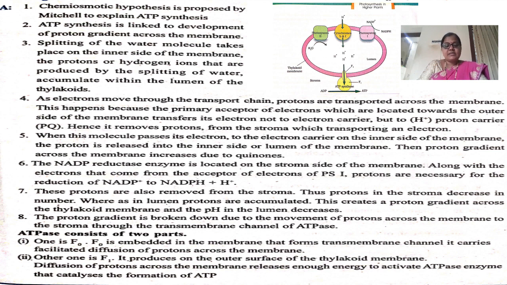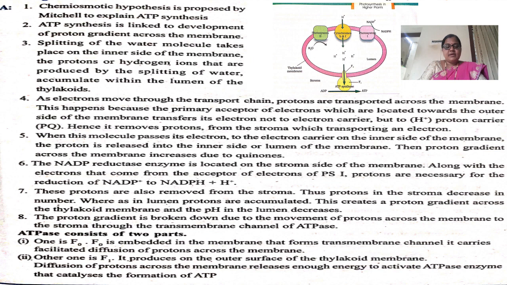Along with these electrons, which come from the acceptor of electrons of photosystem 1, protons are necessary for the reduction of NADP+ to NADPH and hydrogen.